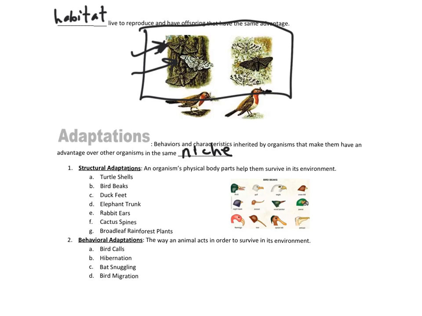Turtle shells are a great structural adaptation. Bird beaks, if you look over here, all of these different shaped bird beaks allow these birds to reach and access their food source, or break apart a nut, or reach into a hole and grab a grub, which helps them have an advantage over other birds or other organisms in the same niche as them.